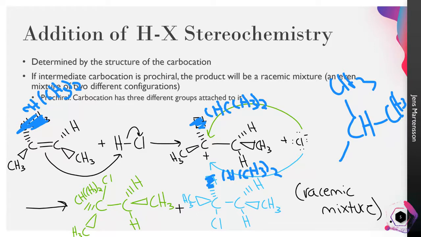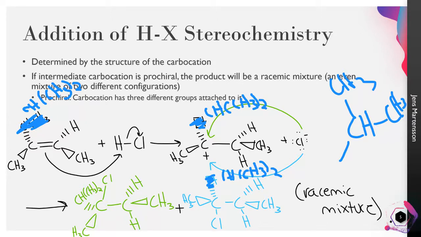Remember, chiral means you have 4 different groups connected to it. So a prochiral carbocation has 3 different groups on it, because it can make a chiral compound with 4 different groups on it. Does that make sense? So if the carbocation is prochiral, then the product will be a racemic mixture.